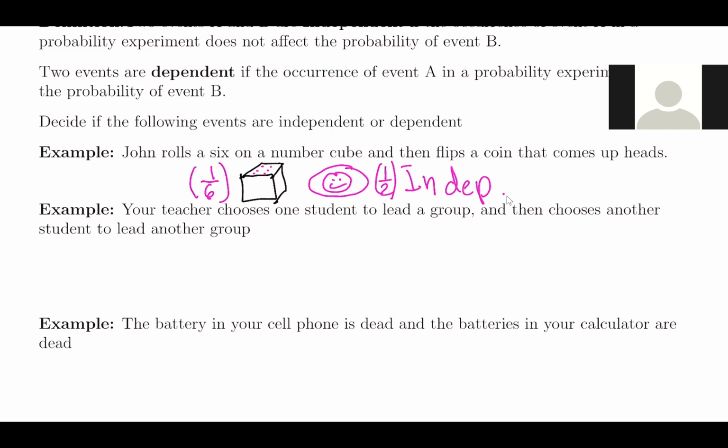So let's do the second one. It says your teacher chooses one student to lead a group and then chooses another student to lead another group. All right, so let's imagine that we have a class. And let's say this class only has 6 people. This is a very small class.